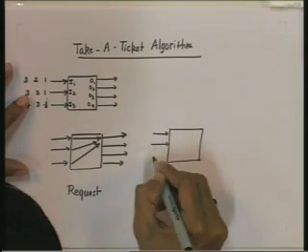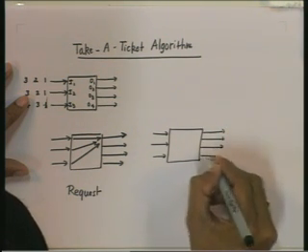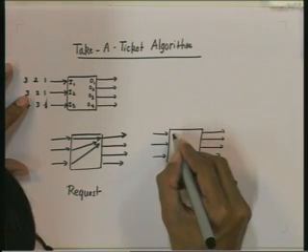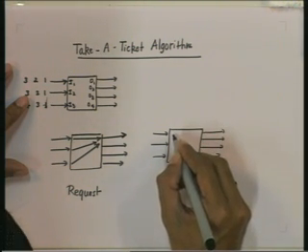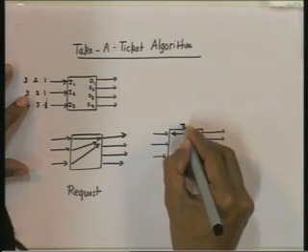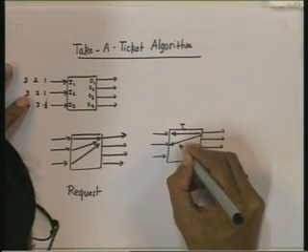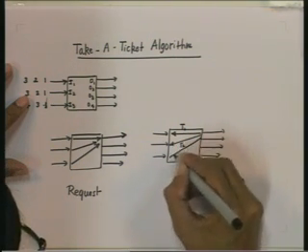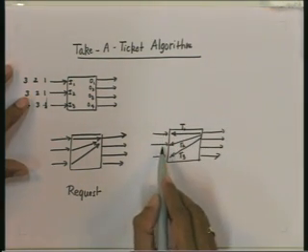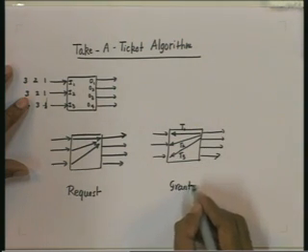So in the grant phase, let us say it gives a grant T1, which means that input port should send first, then it will give the grant T2, and then a grant T3. So input port 1 will first send a packet, then input port 2, and then input port 3. This is the grant phase.